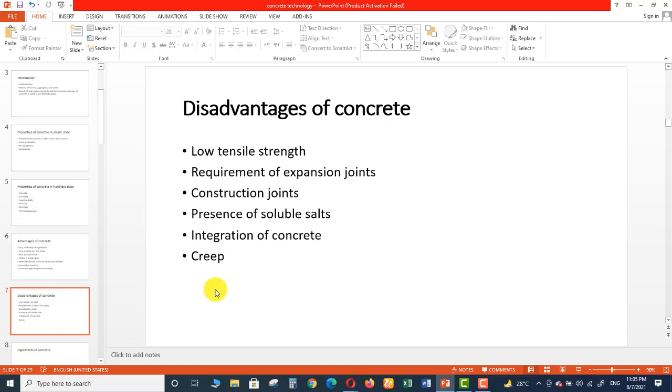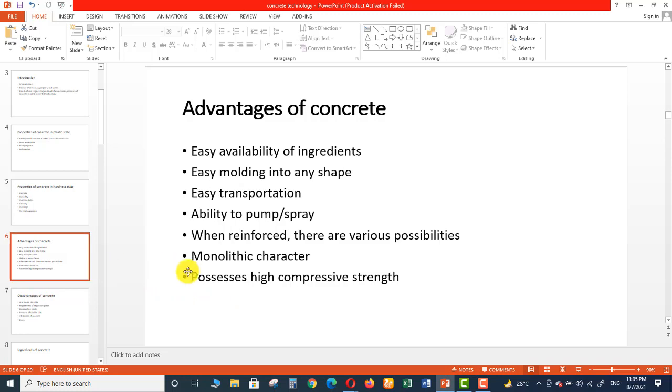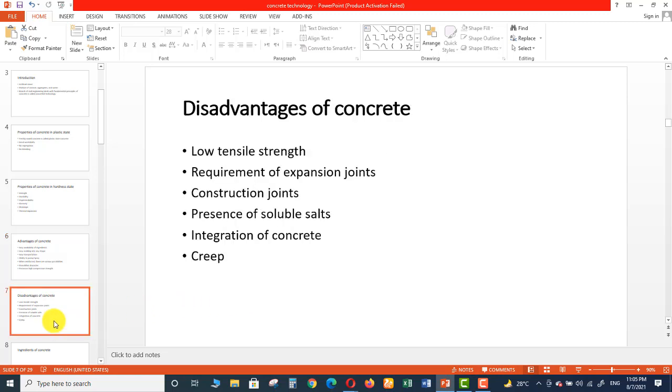As we discussed in the last point of the advantages, concrete possesses high compressive strength. In this regard, the disadvantage of concrete is that it has low tensile strength.